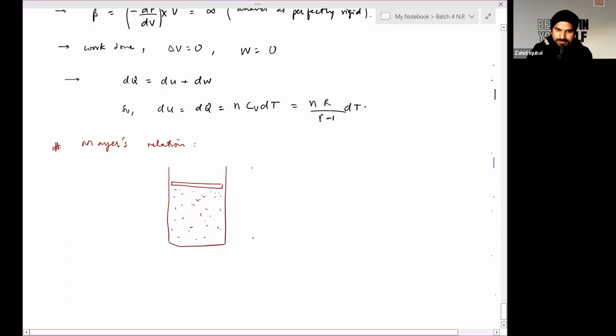But in the second part, suppose this piston is locked or fixed. It means there is no possibility of changing volume in this case. So the amount of heat supplied to the system must be utilized only in changing internal energy, and there will be no work done in this case. Is it clear?